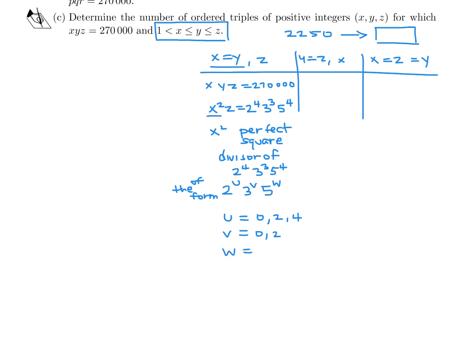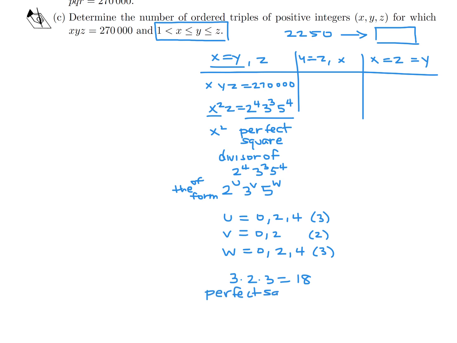So u could be either 0, 2, or 4. Keeping that in mind, v can be either 0 or 2, and w can be 0, 2, or 4. And therefore, there's 3 options there, 2 options there, and 3 options there. So we have 3 times 2 times 3, which I believe is 18 perfect square divisors.